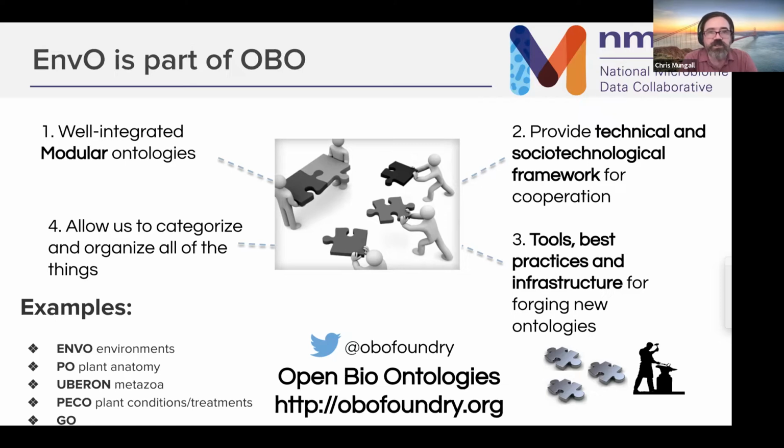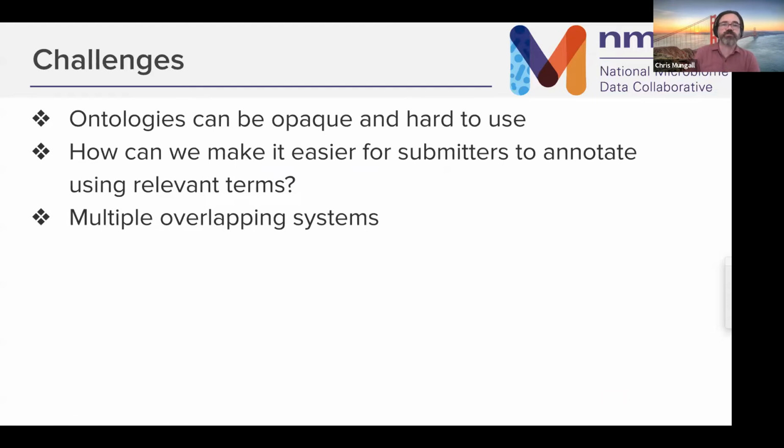So some examples of OBO ontologies are EnvO, PO, the plant anatomy ontology. For human microbiome samples, you may be interested in describing the sites on the human or metazoan body from which the sample was captured. That's where an ontology like Uberon would come in. PECO for plant conditions, GO for describing function, and so on.